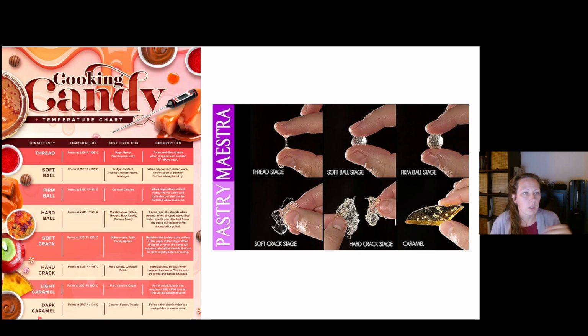So for the thread stage, it forms a liquid thread that will not ball up. So you dump it in the water, you can pull it out. There's a kind of liquidy thread, but it's not going to ball up. The soft ball stage forms a soft, flexible ball.